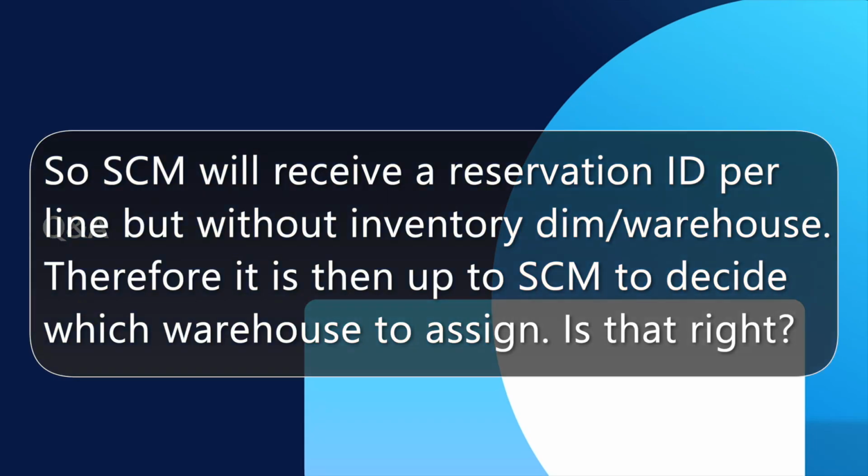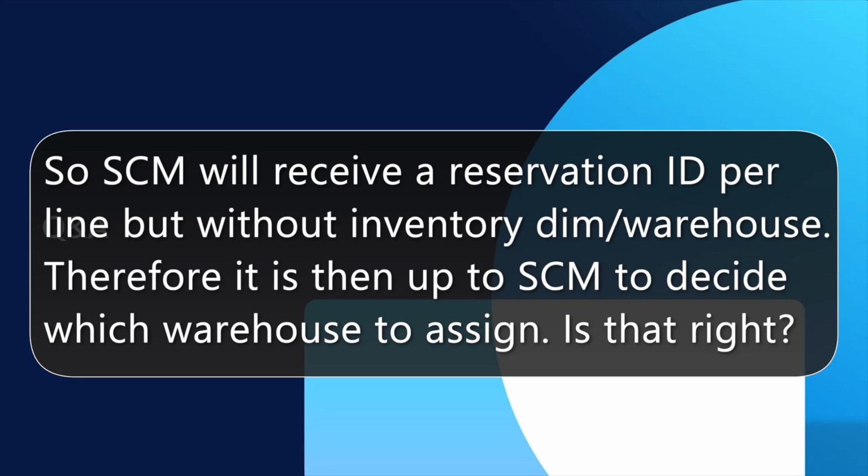Okay, so I think the next question is, SCM will receive a reservation ID per line, but without inventory dimension and warehouse. Therefore, it is then up to SCM to decide which warehouse to assign. Is that right? Yes, that's the correct understanding. With these new capabilities, you are reserving at the product level in Inventory Visibility Service. So you will have the reservation ID.